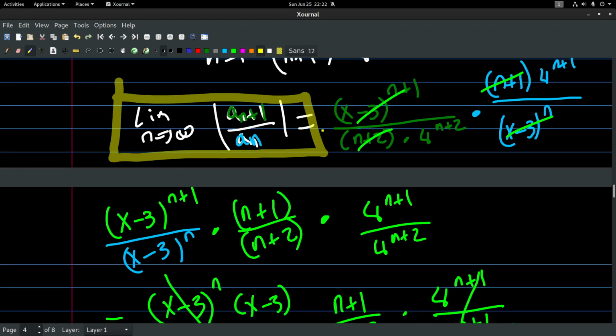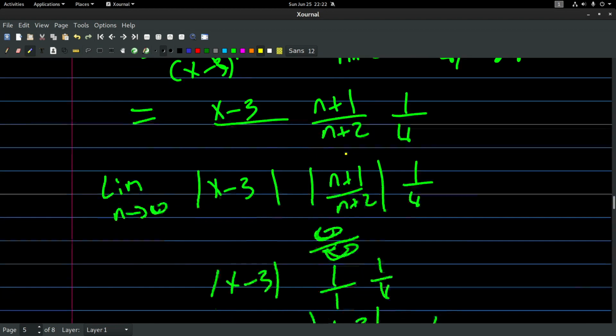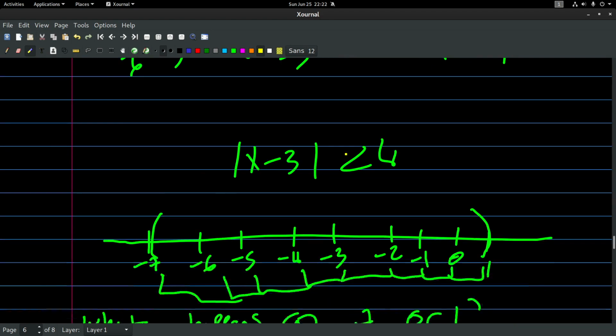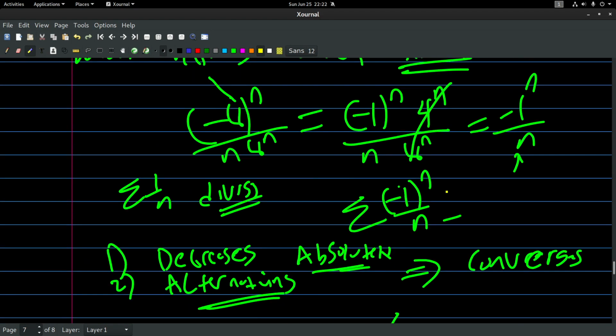If it's 1, you don't know, it's inconclusive. If it's greater than 1, it diverges. And from there, from the algebra, you had to know that if it's an alternating series and it's decreasing absolutely, then it converges.